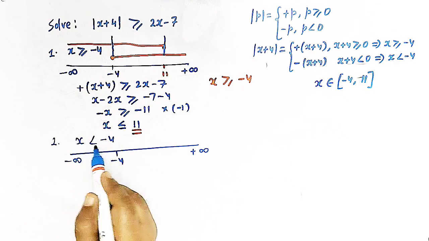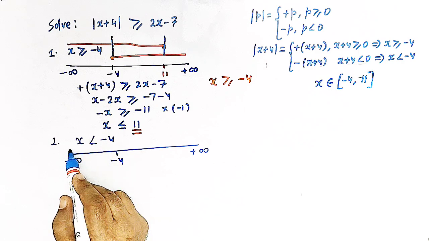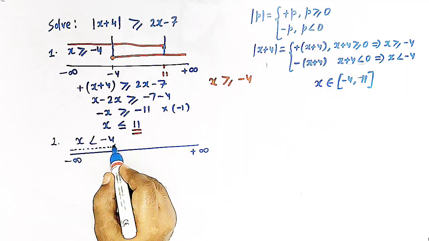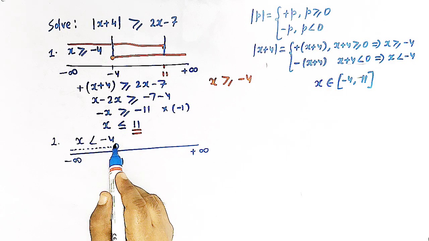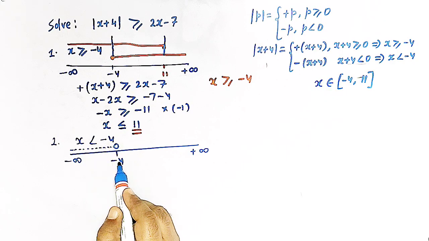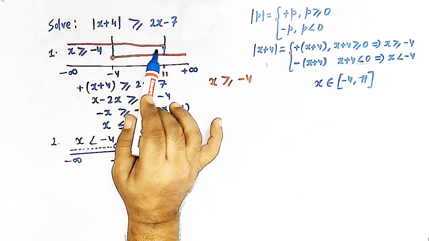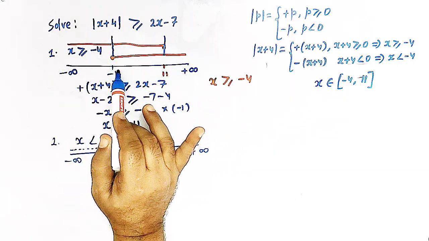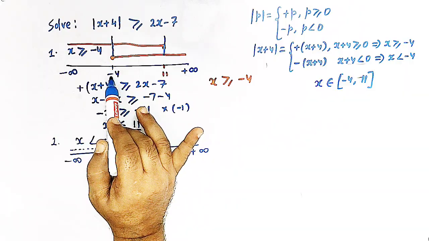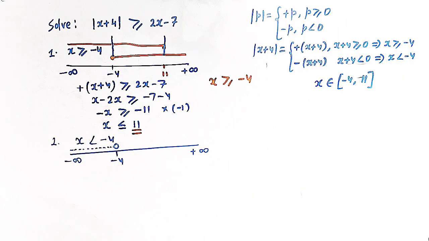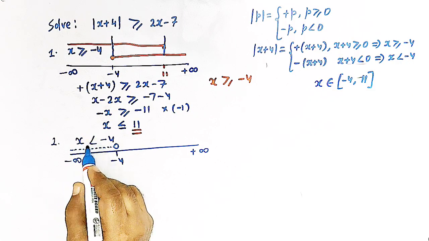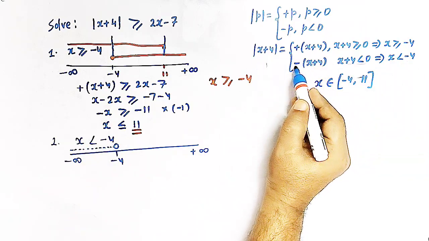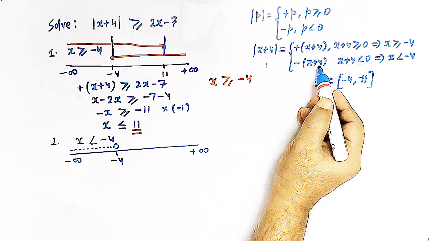So x less than -4 is given by this region, and here we draw a circle which represents that -4 is not included, and here we have drawn the dark circles which represent that the points -4 and 11 are also included, right? So when x is less than -4, then mod of x plus 4 is given by negative of x plus 4.